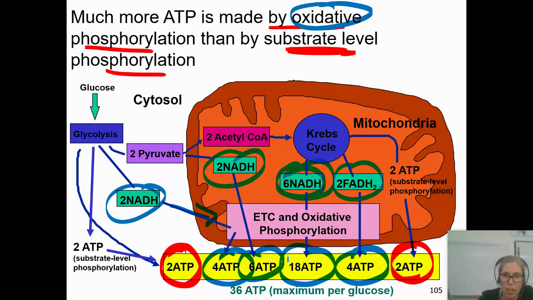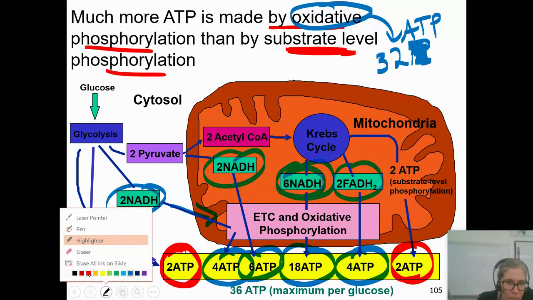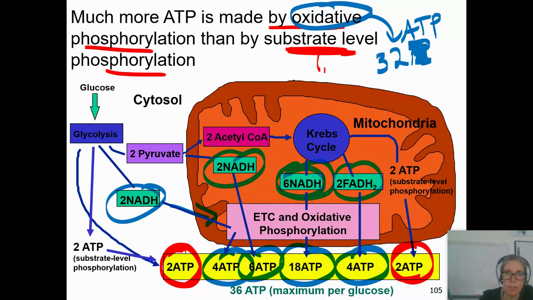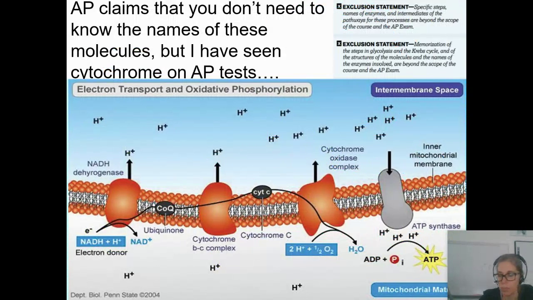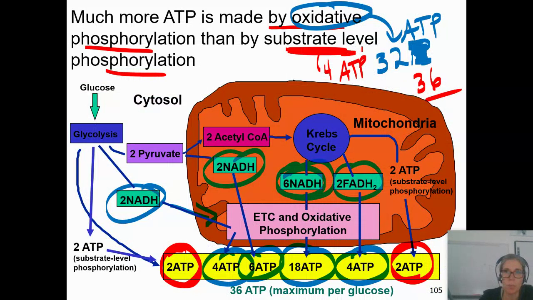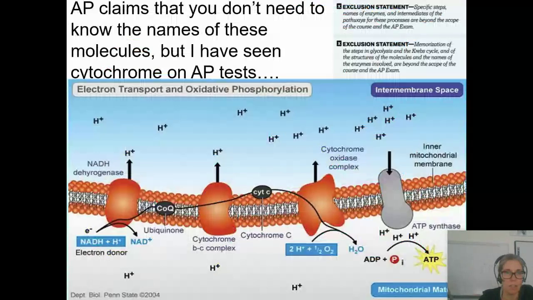So anyway, if you add all this up, I think that's 32 ATP by oxidative phosphorylation, and by substrate level phosphorylation, you're only making 4 ATP. So altogether it's 36 ATP, but you make much, much more with oxidative phosphorylation, which is all like the electron transport chain and all that stuff.